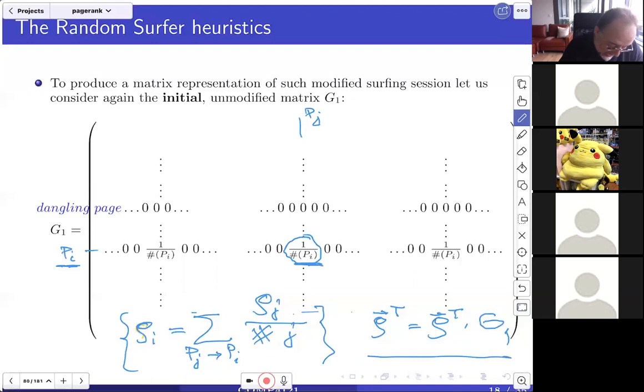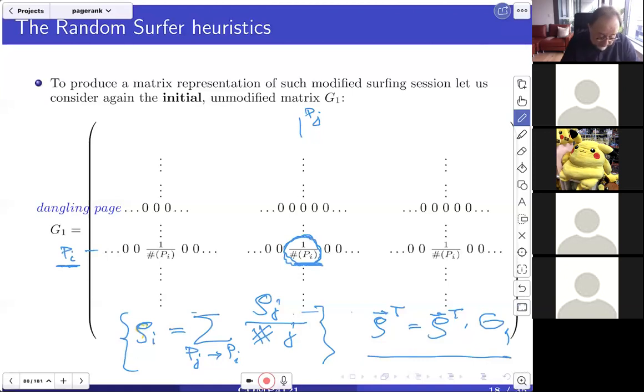Now, if you are at a web page pi and there is a hyperlink to a page pj, the probability to choose the right hyperlink is 1 over the number of hyperlinks on pi.